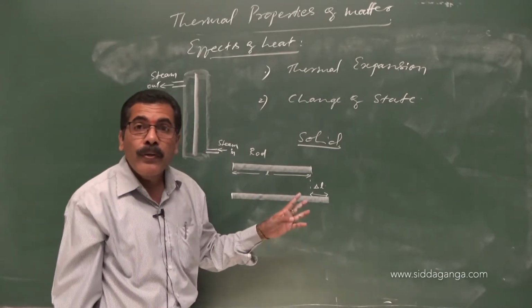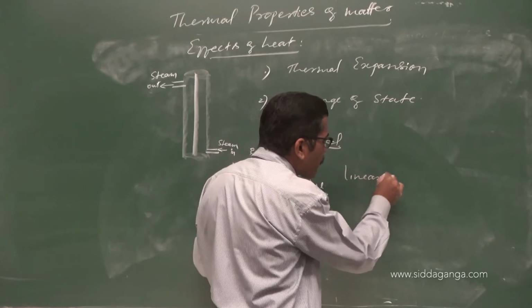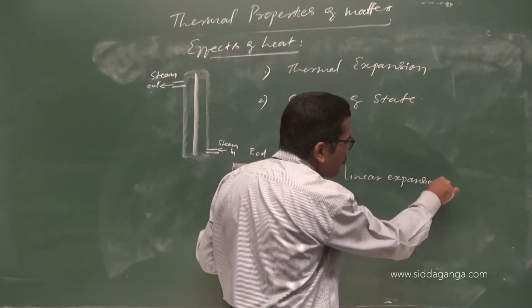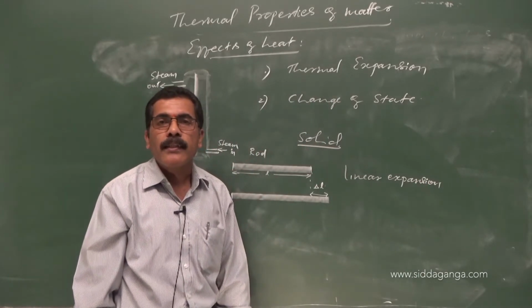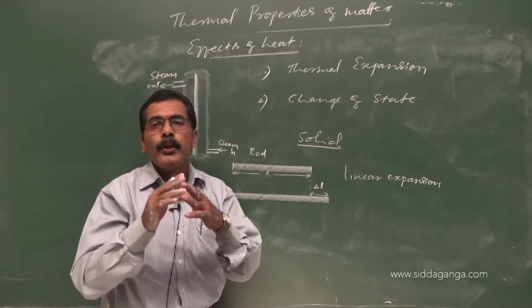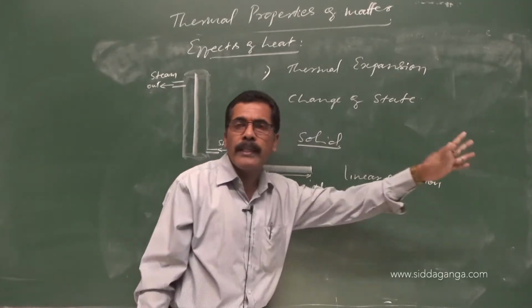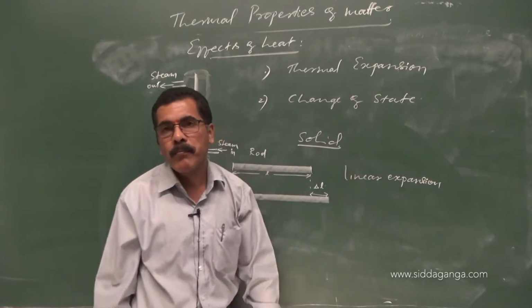Then we characterize this as linear expansion. If the expansion is unidimensional, if the expansion takes place along its length, it is called linear expansion.